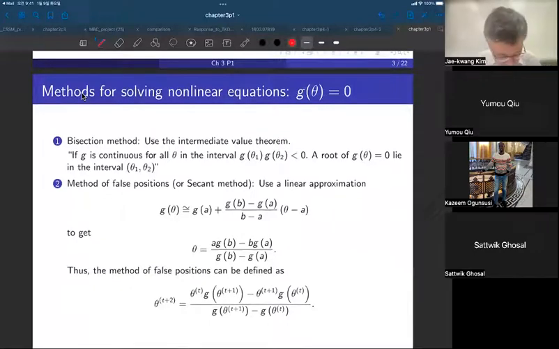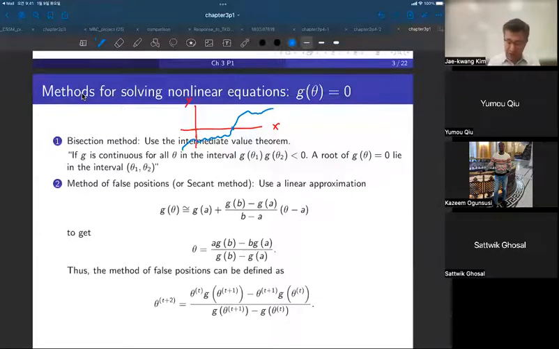So a few approaches. The bisection method uses the intermediate value theorem. You can think of the graph of y and x. Suppose this graph is something like this, and you want to find the solution here.